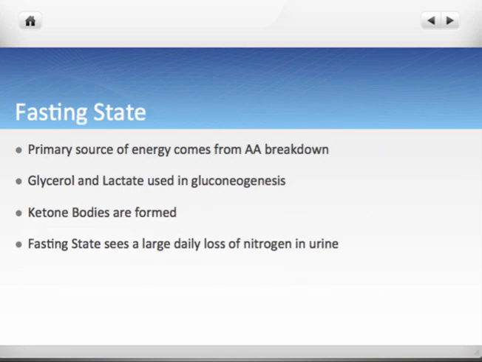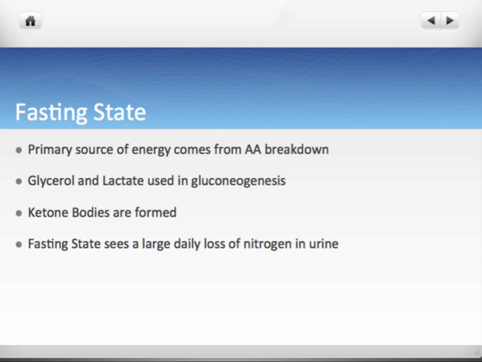If we look into the next state, which is fasting, if you guys remember, this is 18 to 48 hours after we've had a meal. This is when we start primarily getting energy from breaking down amino acids and proteins. We're going to see glycerol and lactate used in gluconeogenesis. The liver is going to start producing ketone bodies for the brain to use, and the fasting state sees a large daily dose of nitrogen in the urine.